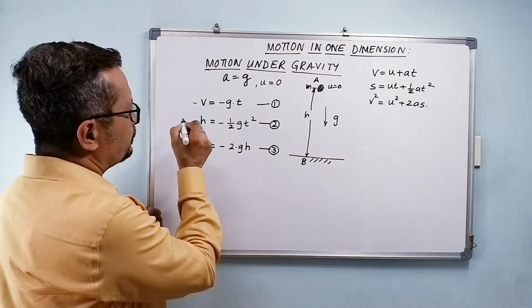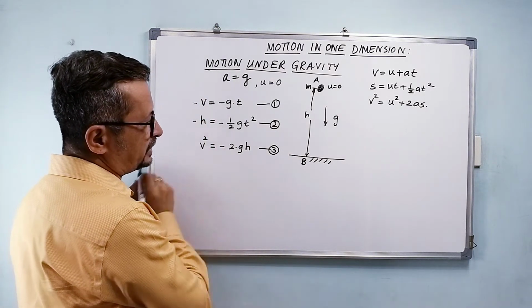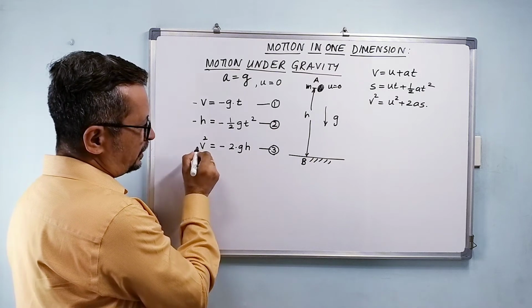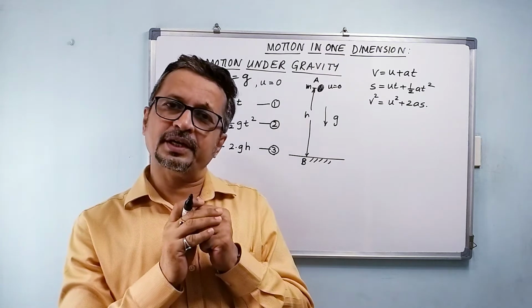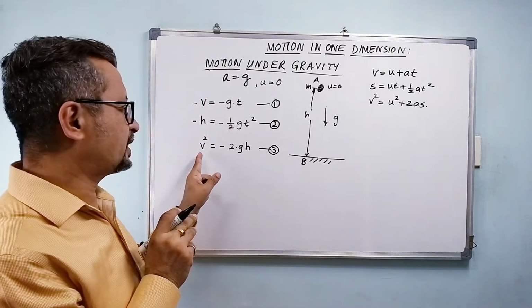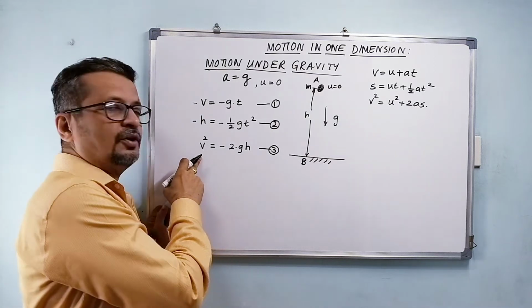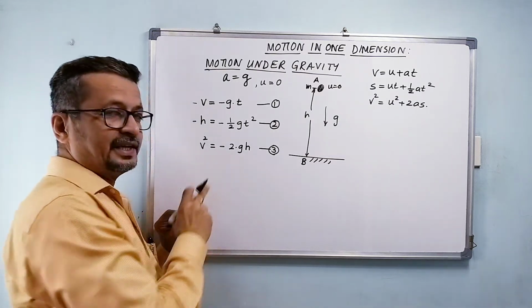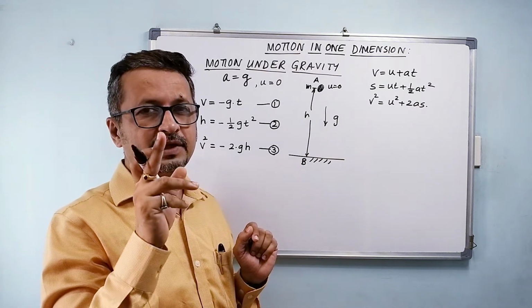So I will put a negative sign here. And what about this? Here there is one thing: if I put a negative sign to v, it is going to become positive, correct? And then the square of v is going to be negative in this case. So what would you do here? Will there be some problem?